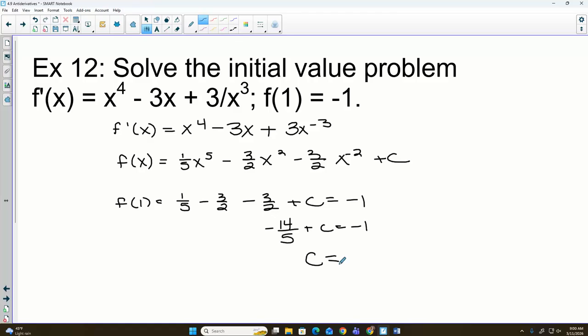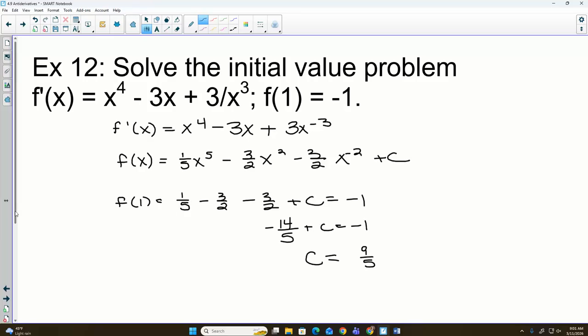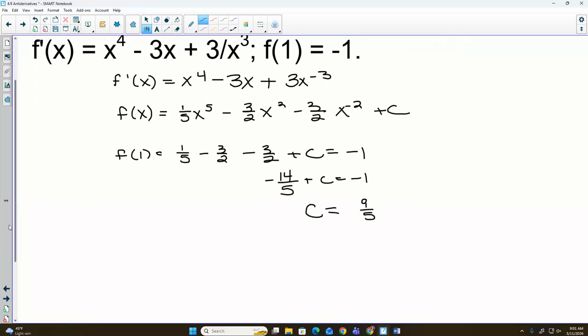All right, add over my 14/5, so negative 1 plus 14/5 gives me 9/5. I think I did that math right. So, my initial value problem, that's just saying what's the initial equation.